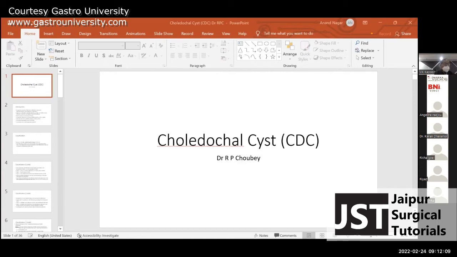In 1B, only the distal CBD is cystic and the cystic duct is attached to the normal extrahepatic biliary duct. And 1C is the smooth fusiform dilatation of the extrahepatic biliary duct with anomalous pancreaticobiliary duct junction.